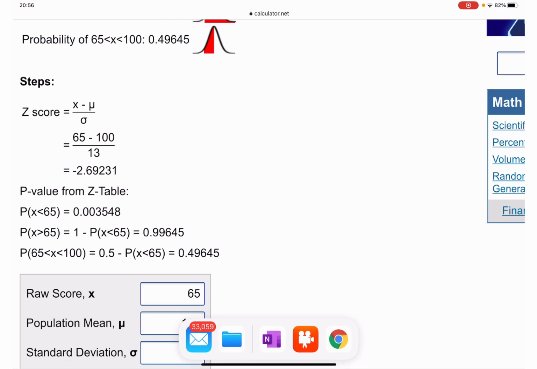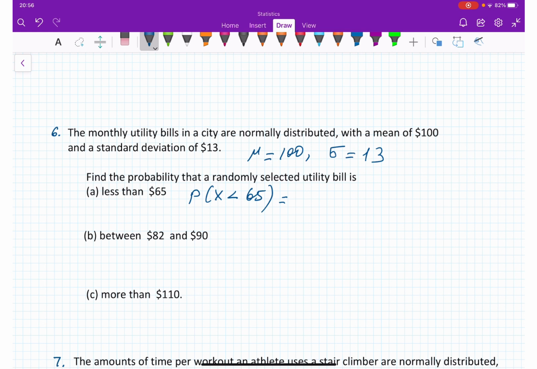Okay, it's going to be 0.003548. Now for between 82 and 90, so what do we need to do? We need to get probability for x less than 90 minus probability for x less than 82, right?